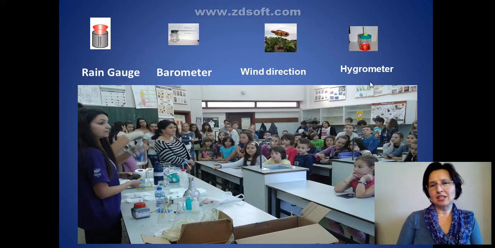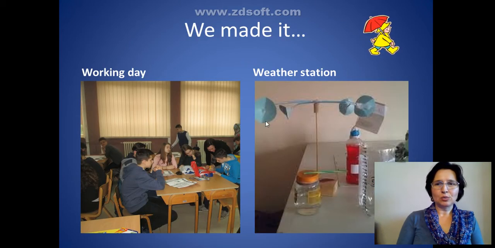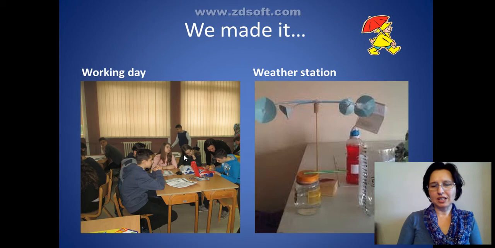So they make instruments to measure rain, a barometer, how they can measure pressure with a barometer, and how we can measure wind direction, and also how much rain we can have in this area. After that, we made the weather station as we can. You can see how they prepare themselves for that working day in school.